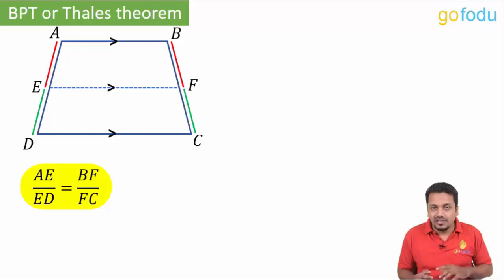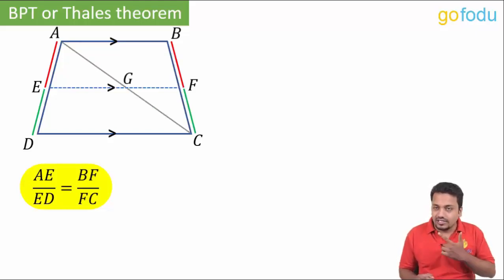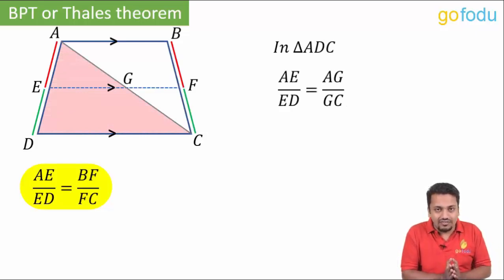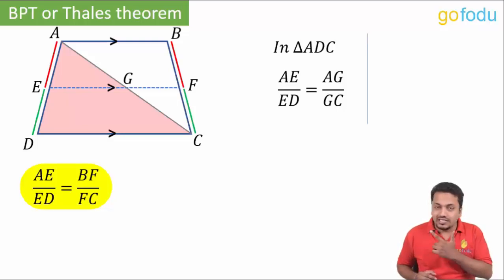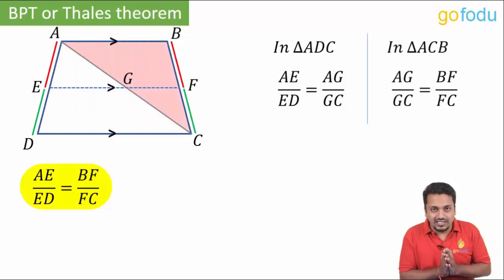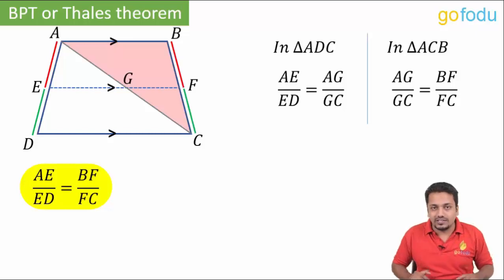Why? Well, join AC. Now in this triangle, we can write AE upon ED is equal to AG upon GC, basic proportionality, right? Similarly, in this triangle, we can write AG upon GC is equal to BF upon FC.